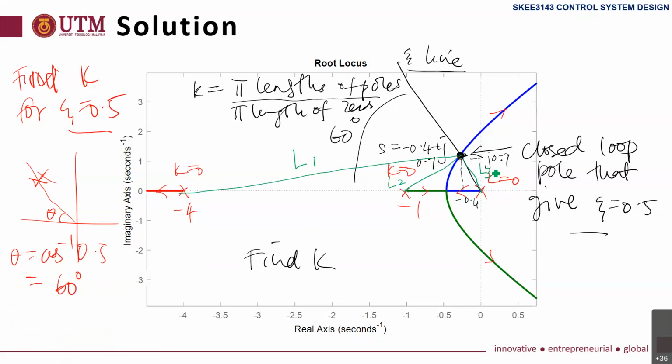You can use the Pythagoras theorem to find L1, L2, L3. If the graph is good enough and the scale is correct, we can also use a ruler to get the distance, but the scale must be the same in X and Y. So we normally just calculate using the Pythagoras theorem.